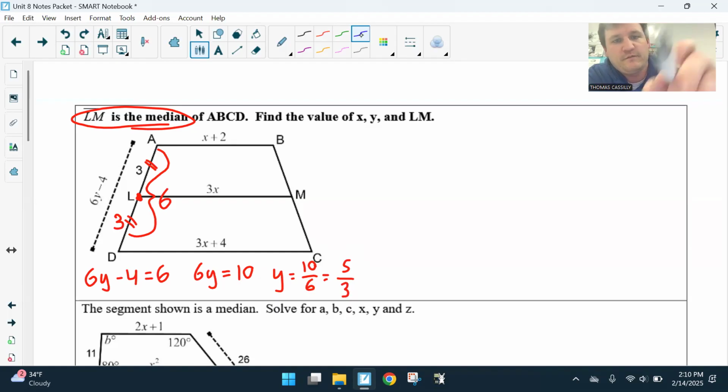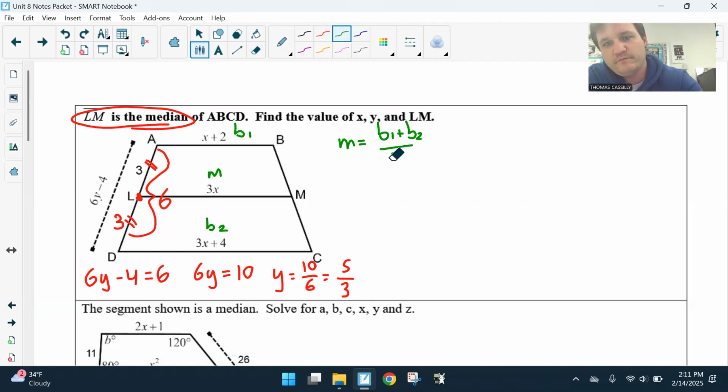Now, let's figure out the last one here. Here's our median, here is base 1, and here is base 2. We know the median is equal to the top plus the bottom divided by 2. Let's plug in everything we know.